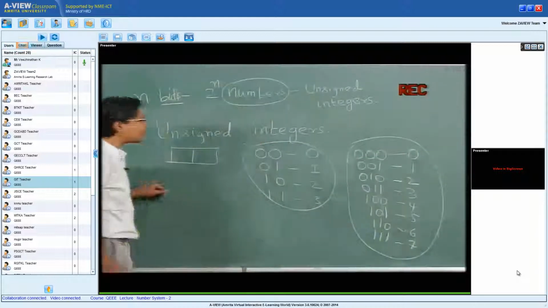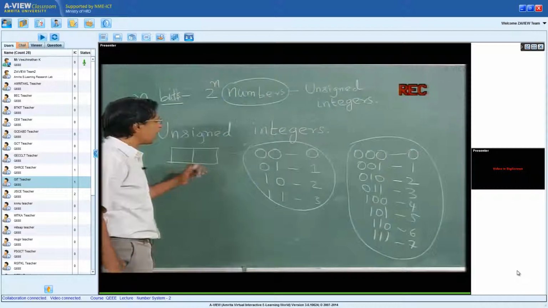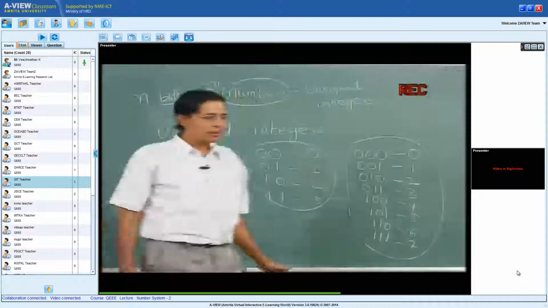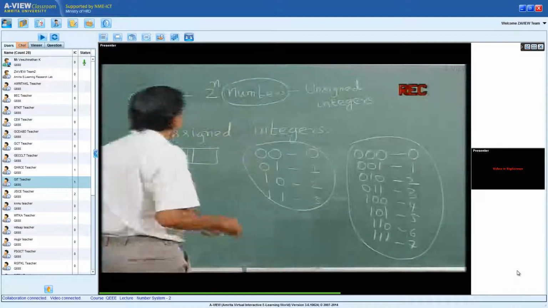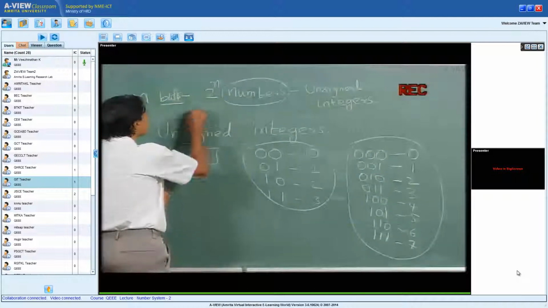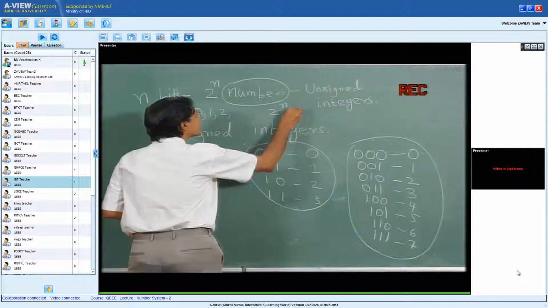So if I have n bits, the same argument I can extend and say that I could have 2 power n unsigned integers. So I can represent 0, 1, 2 till 2 power n minus 1.